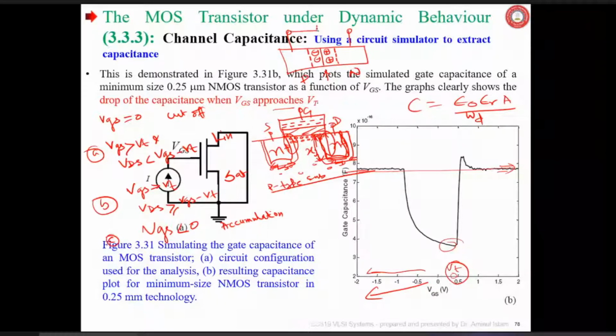This capacitance in our MOSFET case, we say drain or source diffusion capacitance. As I said, these N plus and P plus regions earlier were formed by the diffusion process.